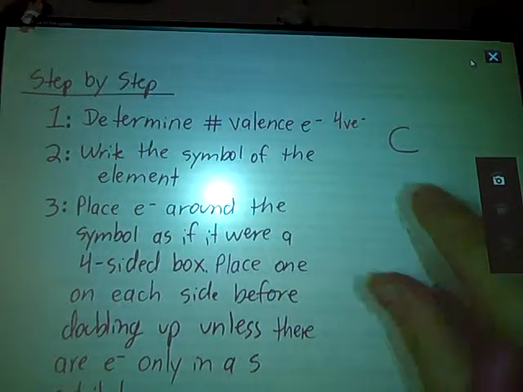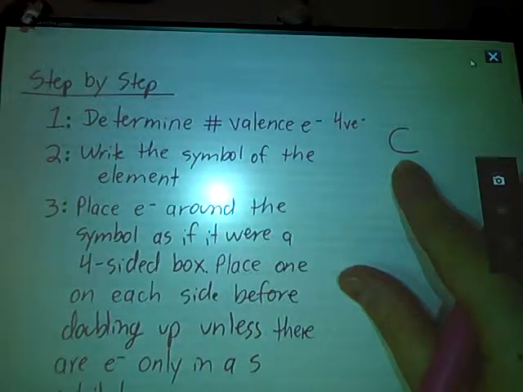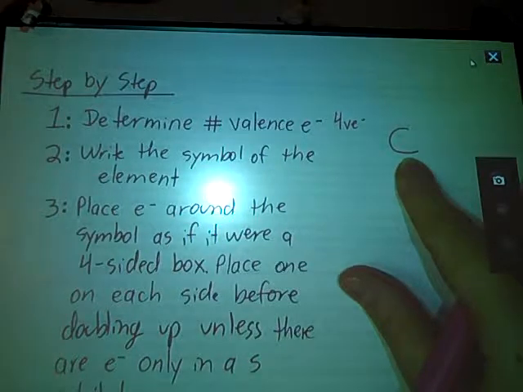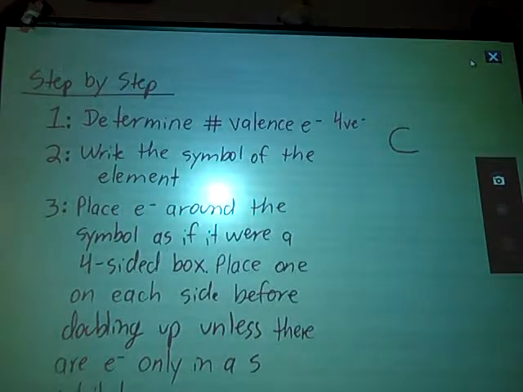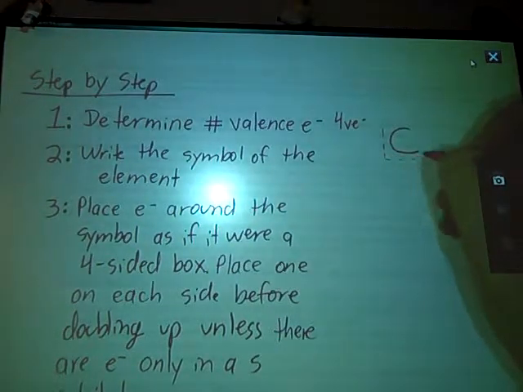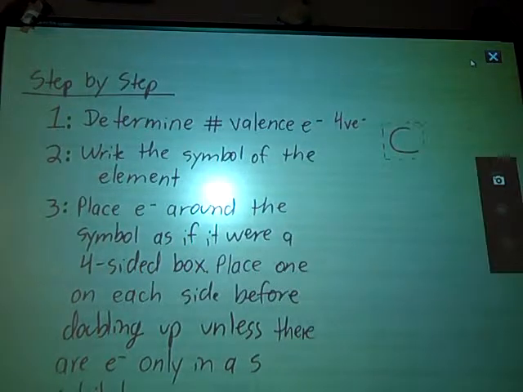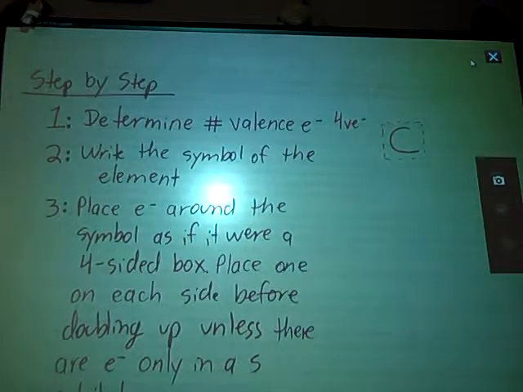Next thing we need to do is to write the symbol of the element we're talking about. So carbon, that's the one we're going to do. And then we're going to place the electrons as dots around the symbol as if it were a 4-sided box. So pretend there are 4 sides to a box around this carbon, and we're going to place 1 electron, 1 dot, on each side before we start doubling up.